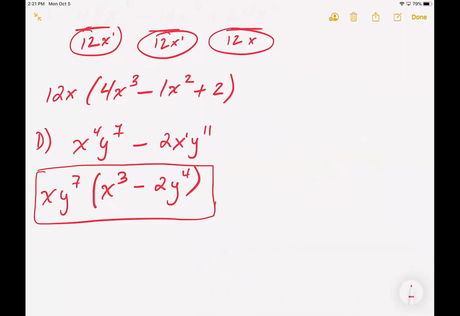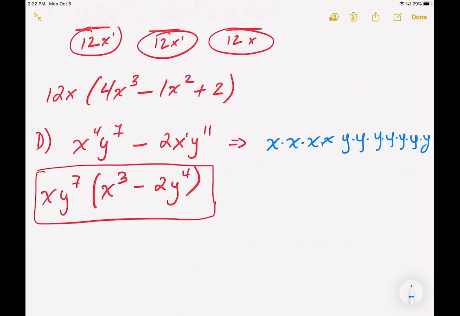If you want to break it down, take a look at this item here. Do you agree that X to the 4 is the same as X times X times X times X, and Y to the 7 is Y times Y times Y times Y, and so on?